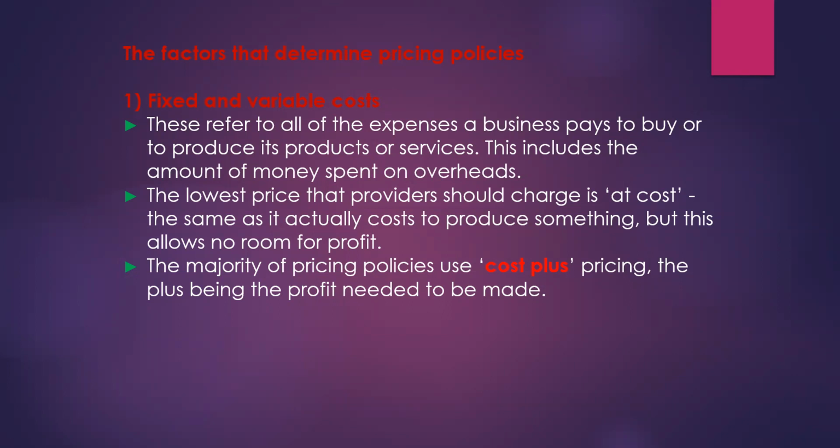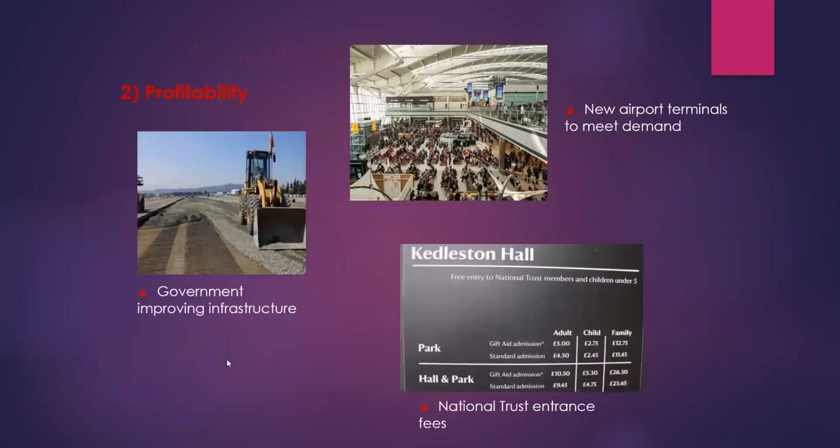Now, number two, after fixed and variable costs, is profitability. Profit. And as we can see here, government improving infrastructure, new airport terminals to meet demand, national trust entrance fees. Examples. The business orientation of an organization will affect the final price charged.